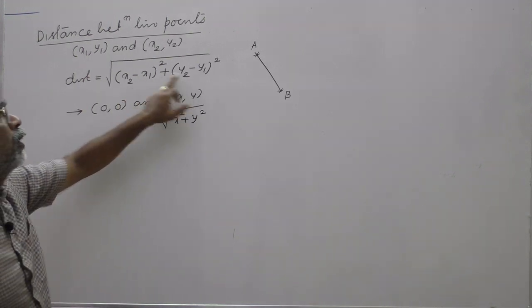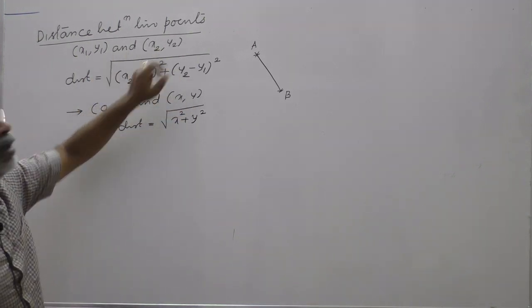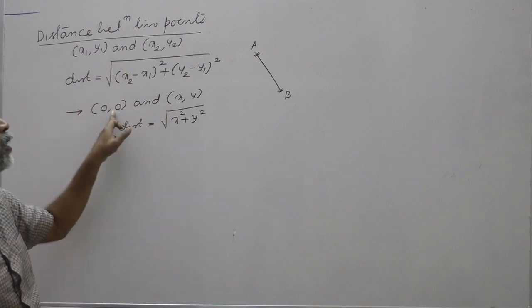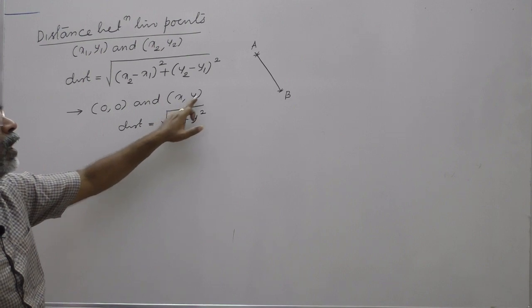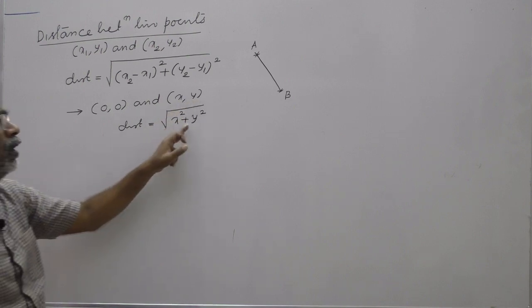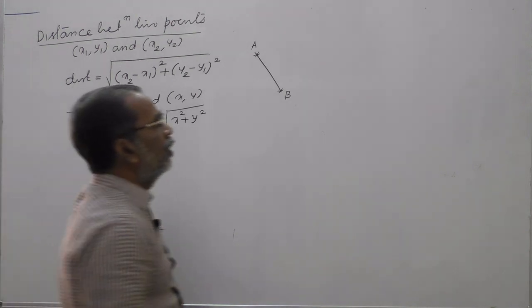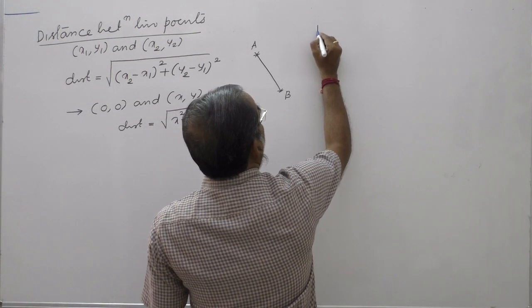This is distance between two different points. If one point is (0, 0), then distance between (0, 0) and (x, y) is root over x square plus y square. Next, point of division.